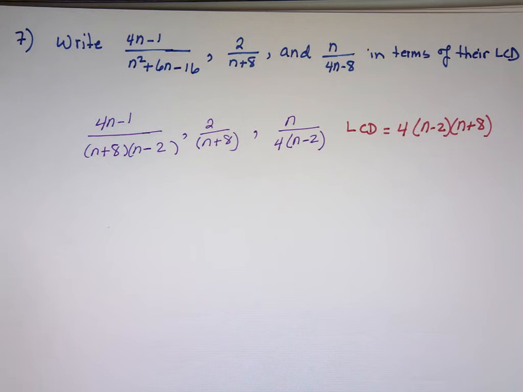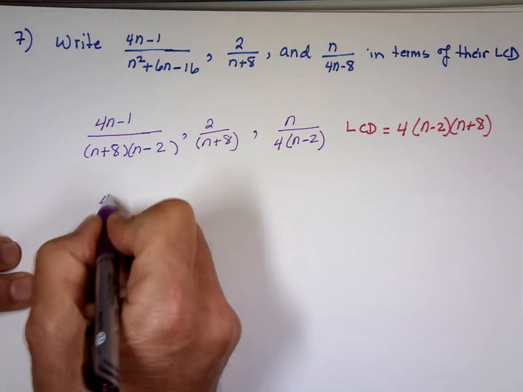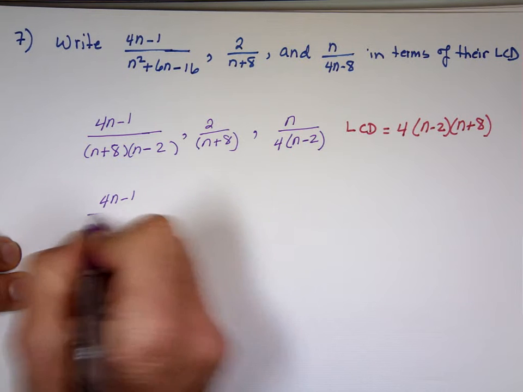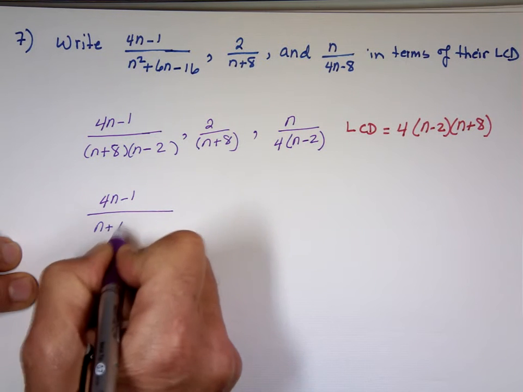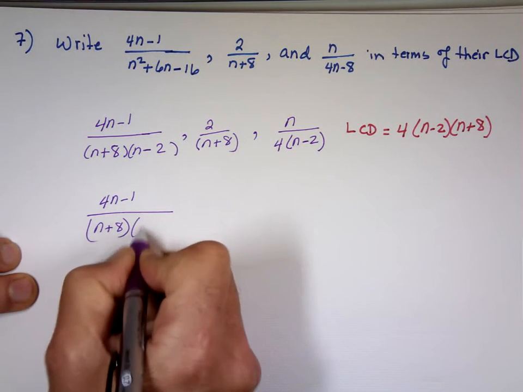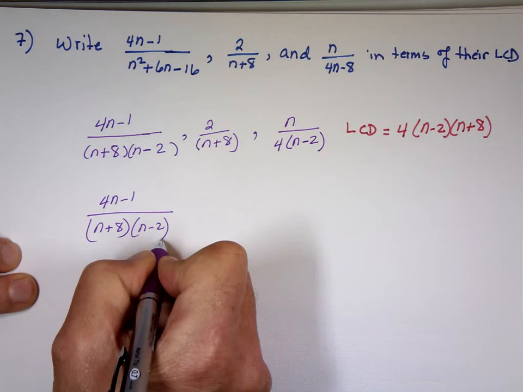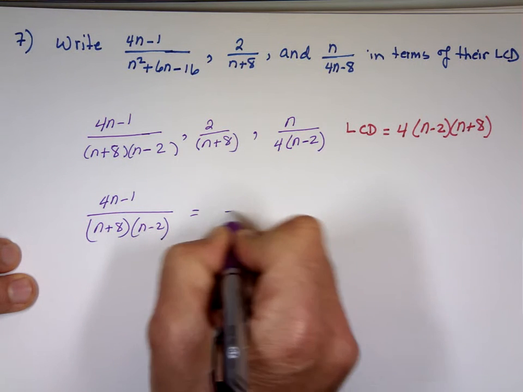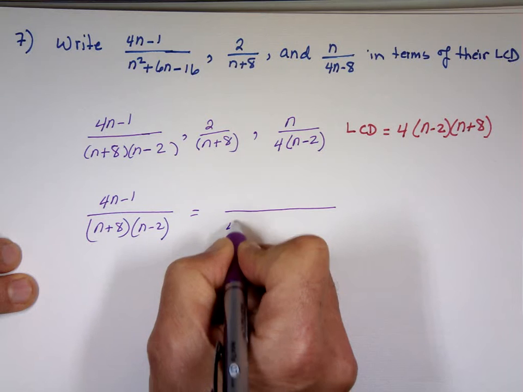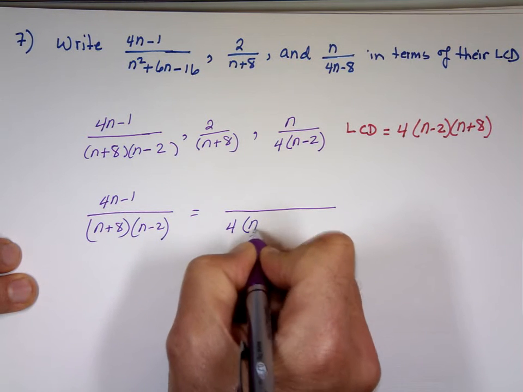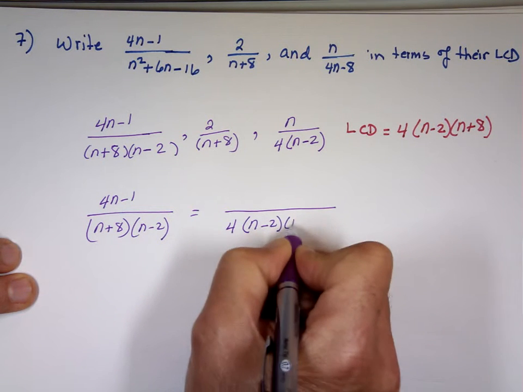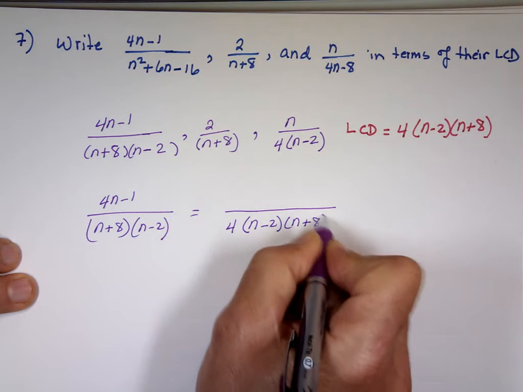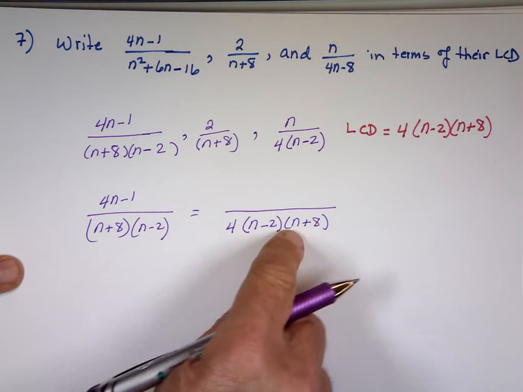Let's look at the first fraction. I want to rewrite that because I want the bottom to be the LCD. I want it to be 4 times n minus 2, n plus 8. So how would I make this look like this? What's missing from it?